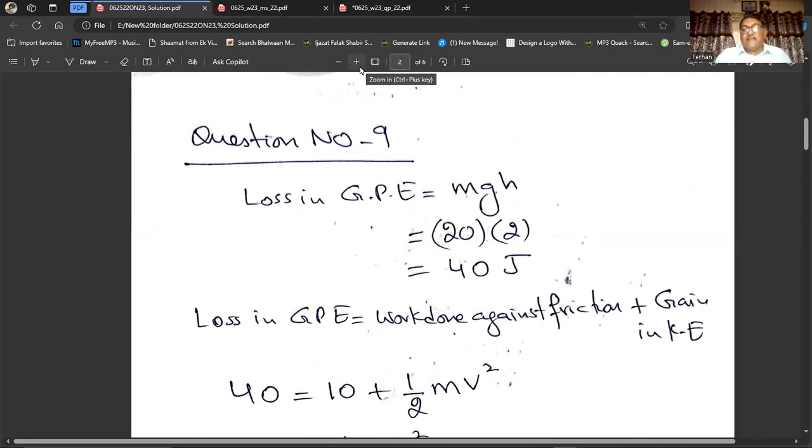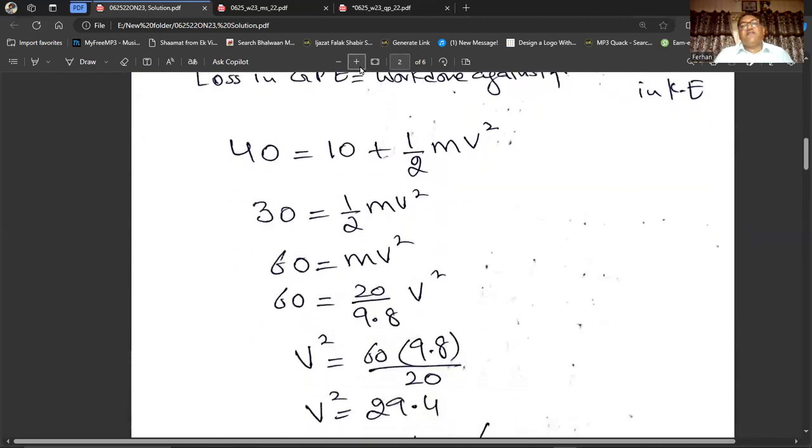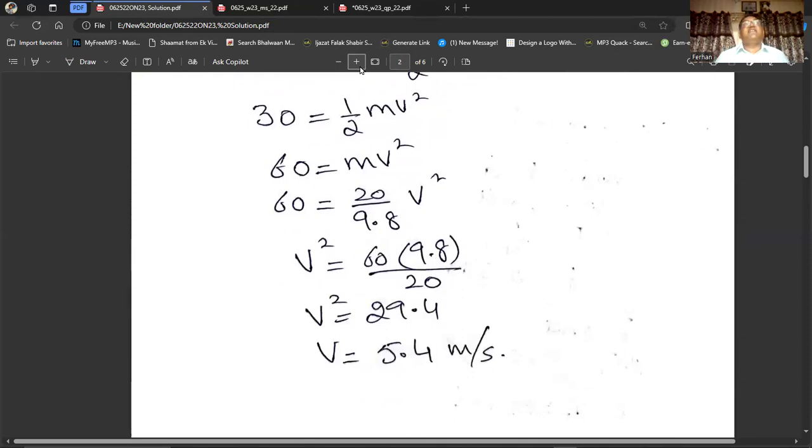Now, the loss in the gravitational potential energy is 40 joules, and the work done against the friction is 10 joules, plus the kinetic energy will be 1 by 2 mv square. So 40 minus 10, that will be 30. 30 is equal to 1 by 2 mv square. This 2 will go to the other side, it will multiply. So you will have 60 equals mv square. The mass of that object will be weight divided by the g value, that is 9.8.